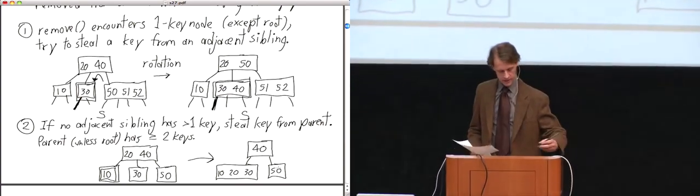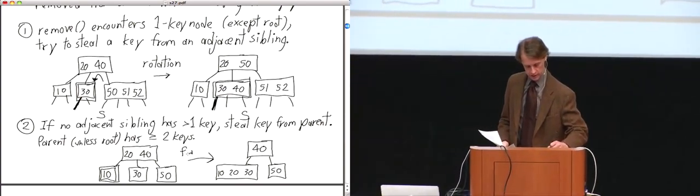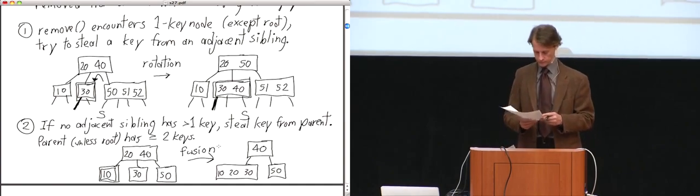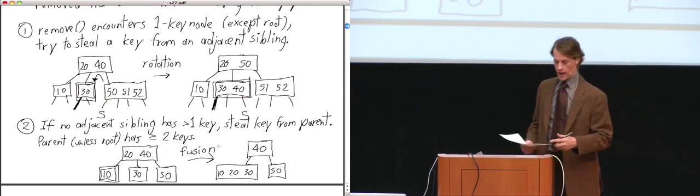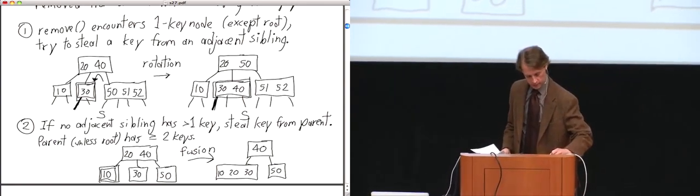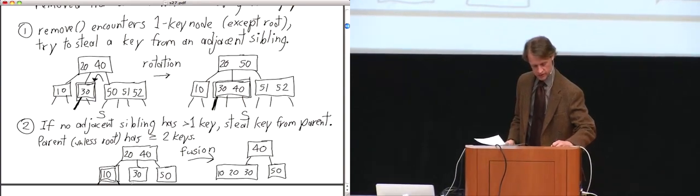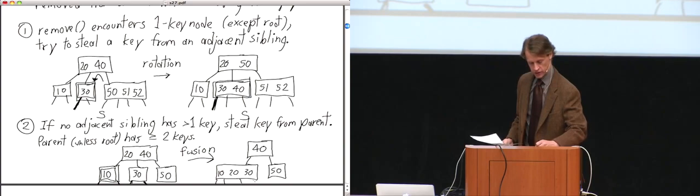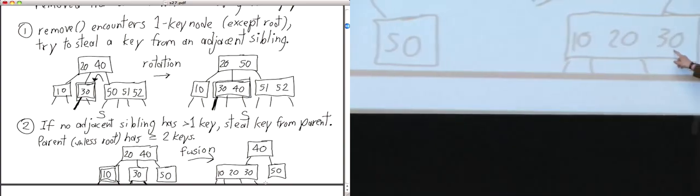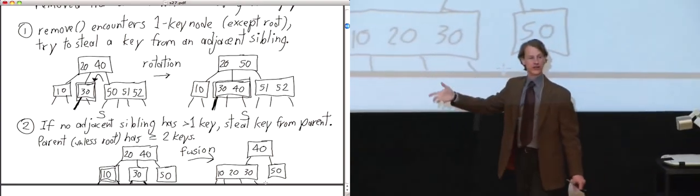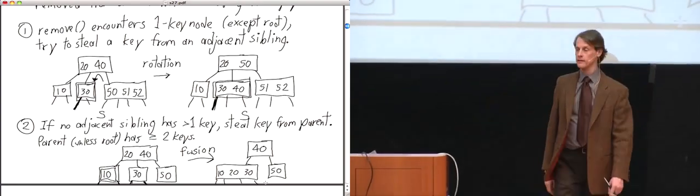And therefore, that is called a fusion operation. And of course, where the 10 had 2 children, 2 subtrees, the 30 had 2 children, now all 4 of those children are children of this one node here. Any questions about the fusion operation?